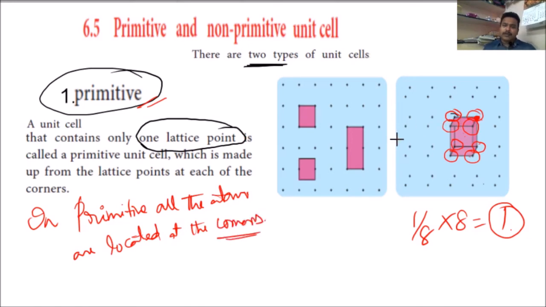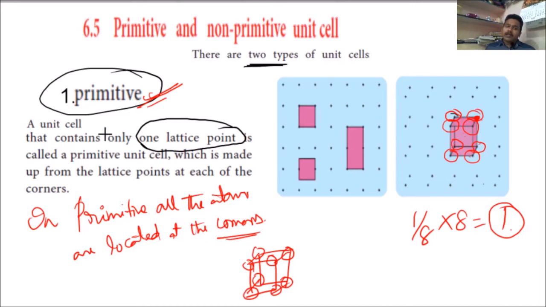Whenever you take any unit cell, how do you identify whether it is primitive or non-primitive? If in that unit cell, one cube, atoms are located at the corners, these 8 corners, in these corner positions, then you can say that it is primitive. It is also another definition.